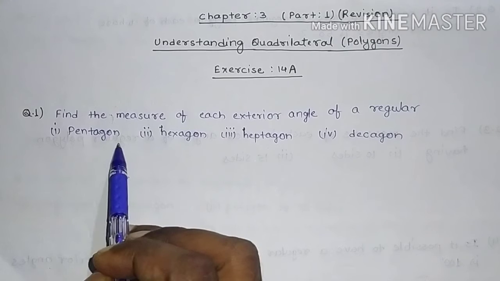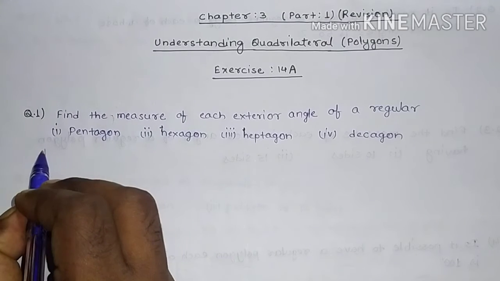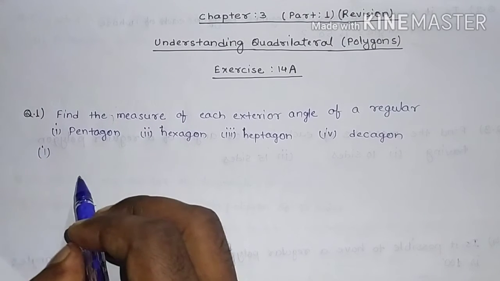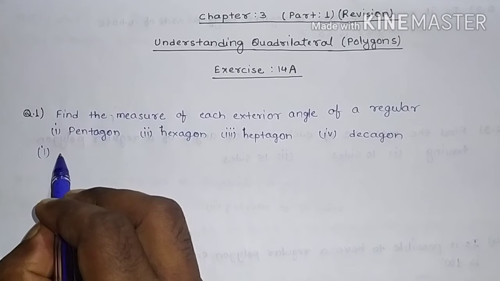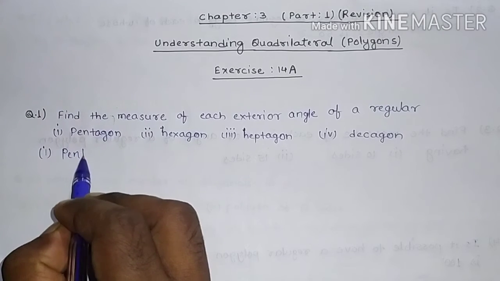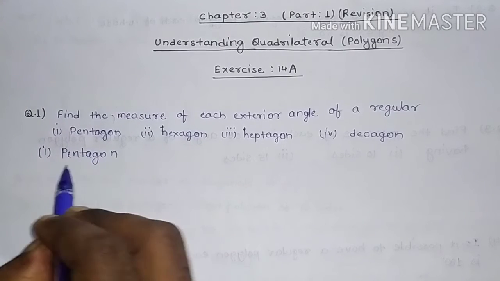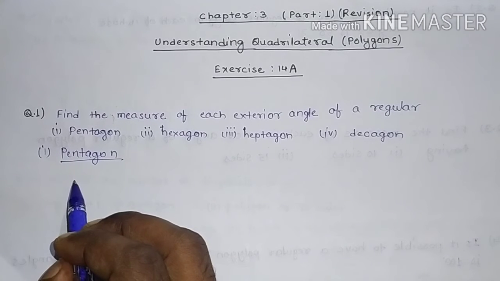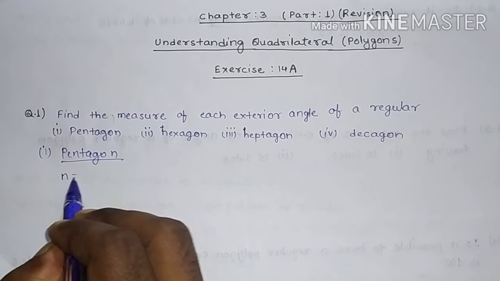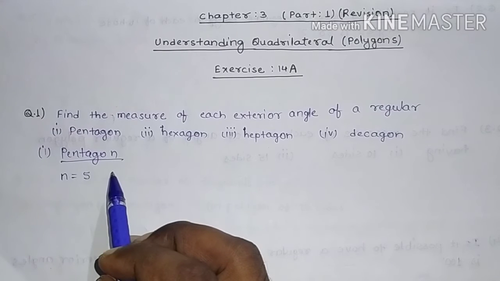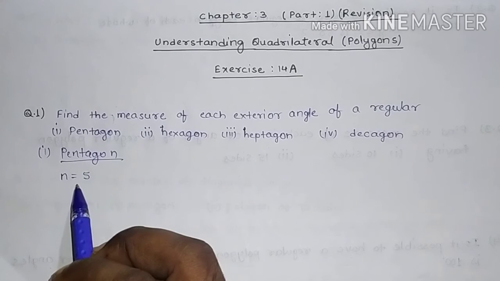First, the pentagon. We know that a pentagon has 5 sides, so n equals 5, and here we have to find the exterior angle.